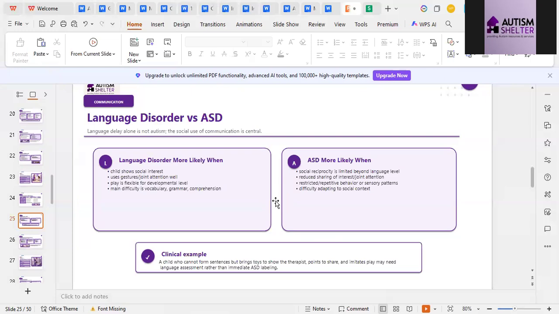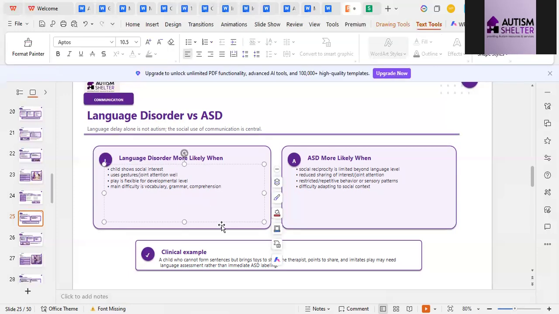So you have to look at whether the child has social interest, good job. Joint attention, very good job. Imagination, imaginative play, abstract thinking, very good job. The major problem comes here: vocabulary, grammar, and comprehension.